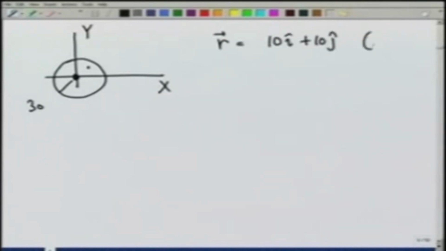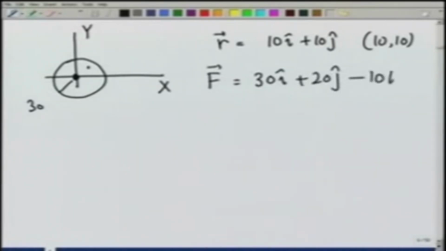In xy notation, it is a point (10, 10), a force which is, let us say, 30 i plus 20 j minus 10 k. So, I am applying a force at this point which is like this in the plane of x y, and it has a z component also, minus 10 k. So, therefore, going into the plane of this board.